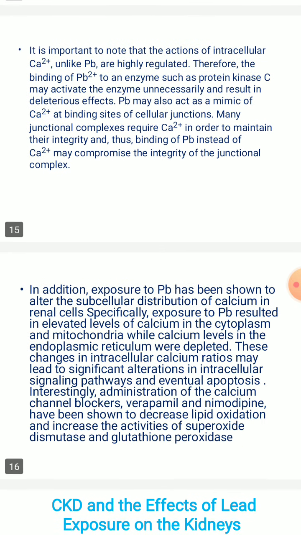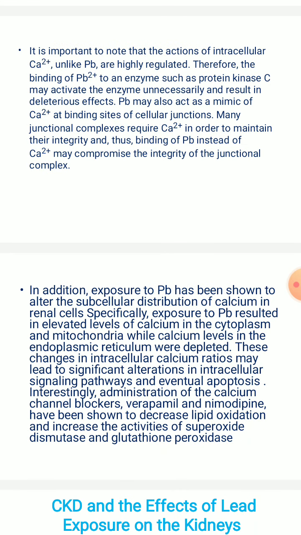In addition to this, exposure to lead has also been shown to alter the subcellular distribution of calcium ions in the renal cells. Exposure to lead resulted in elevated levels of calcium ions in the cytoplasm and mitochondria, while calcium ions in the endoplasmic reticulum were depleted.